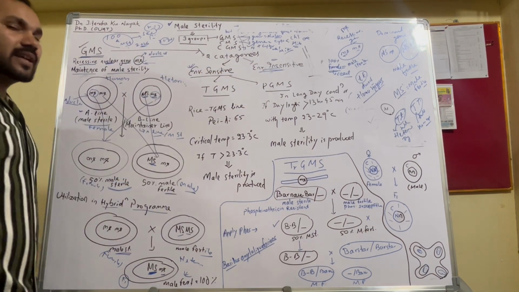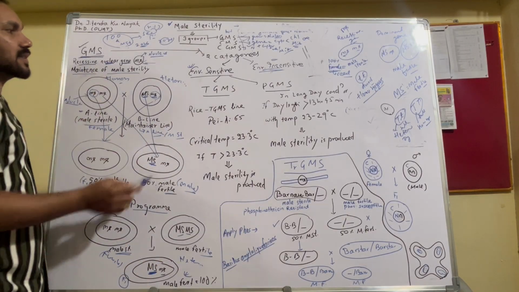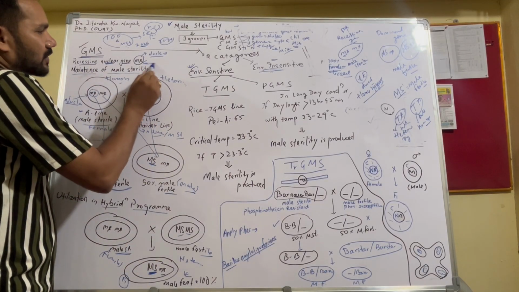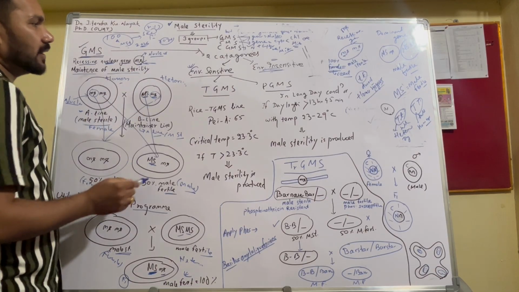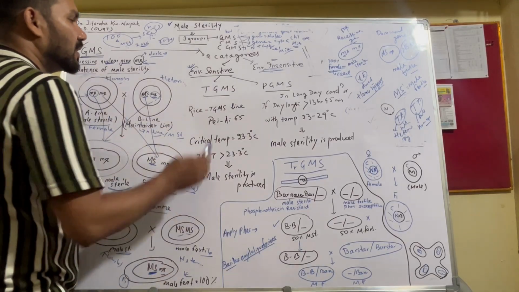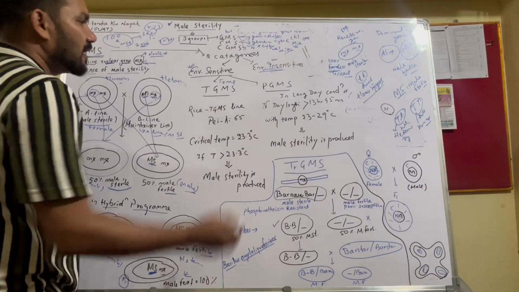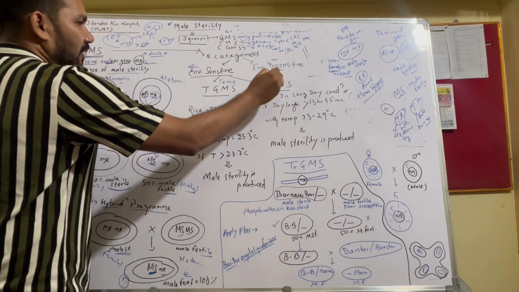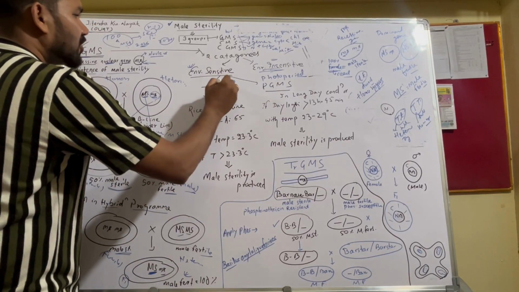In some cases the recessive male sterile gene ms is environmental sensitive. If it is environmental sensitive, I am having two things: one is temperature, another is photoperiod.